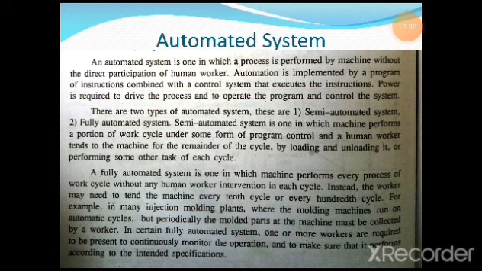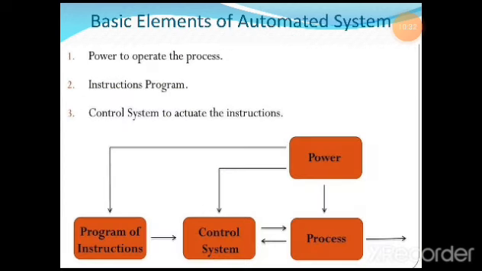So that is called a fully automated system. Now, as I have discussed, power is a main requirement for any automation system or any driving process. If we want to run even a simple motor, we need to have electric power. So that is what we are discussing. On the screen, as you are going to see, we are going to discuss the flow chart of an automated system, how the automated system actually works, and what its elements are.